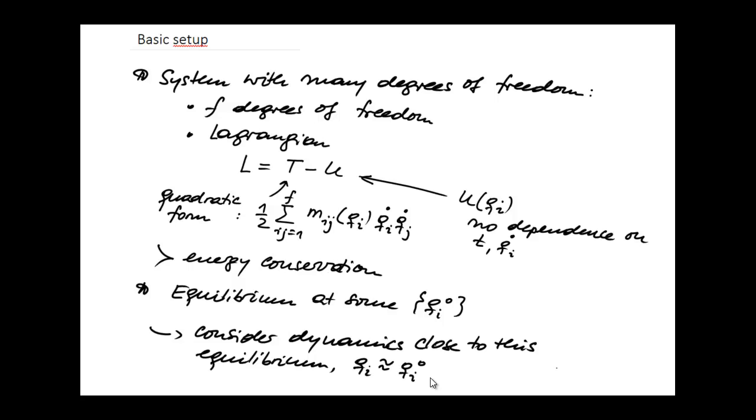This assumption that we stay close to the equilibrium justifies an approximation, both for the kinetic energy and for the potential energy, and hence for the entire Lagrangian. And that is the so-called quadratic approximation. Let us first consider the quadratic approximation for the potential. The basic idea here is that we do a Taylor expansion of the potential around the equilibrium configuration.